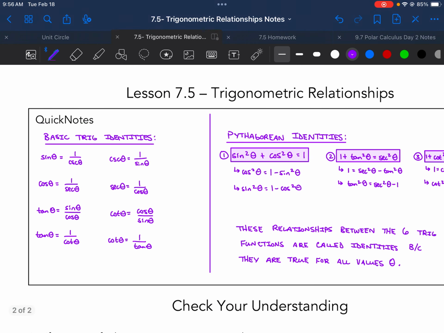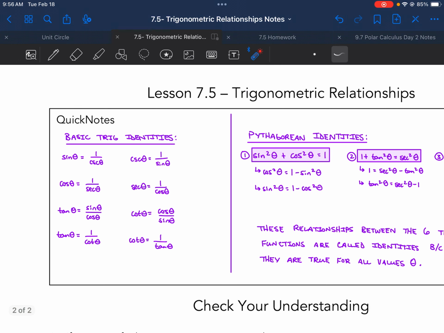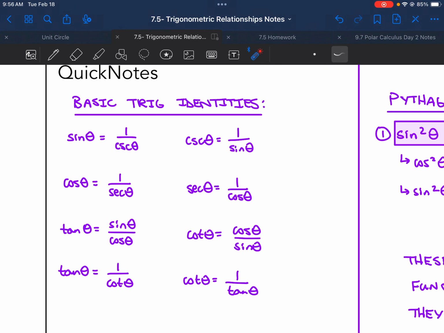Okay. Now, really important detail that I want you to notice. Notice how all of these basic trig identities that we wrote on the left side can all be represented in terms of sine and cosine. Sine and cosine are already sine and cosine. Notice that tangent can be written as sine of theta divided by cosine of theta. Cosecant can be 1 over sine of theta.